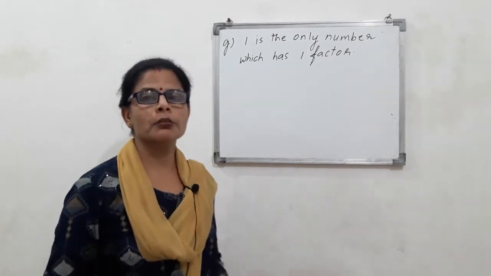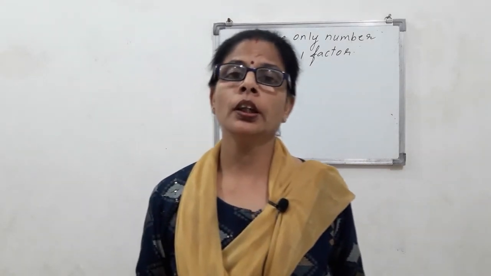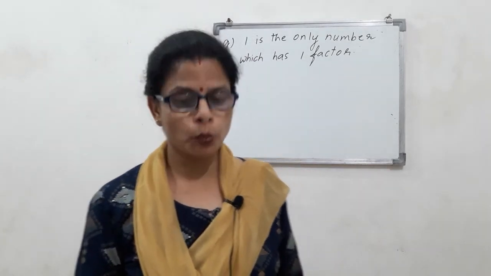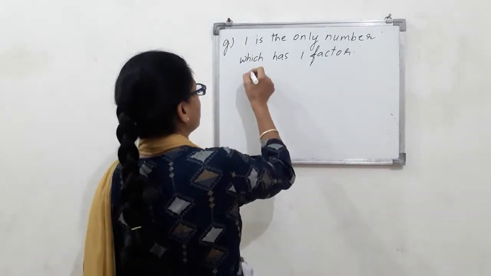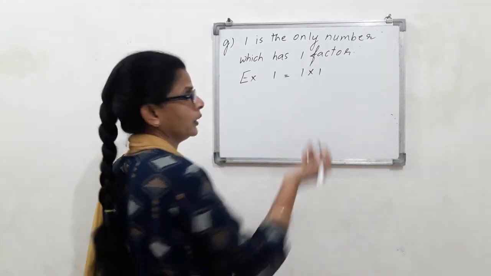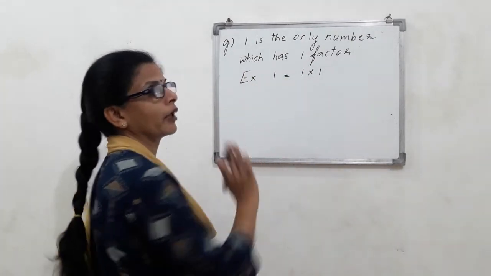Means 1 comes in one table, no other table, it comes only in 1. So it has only one factor. For example, 1 comes in 1 ones only. So it has only one factor, right?